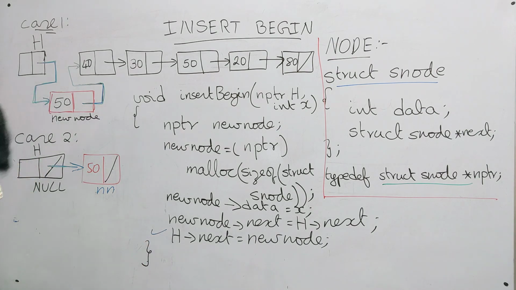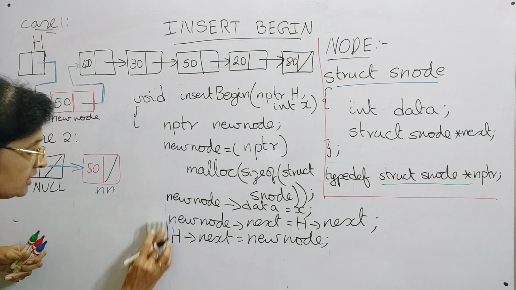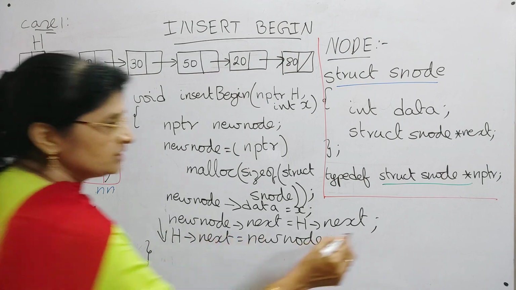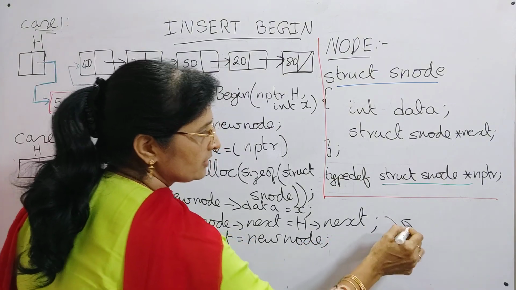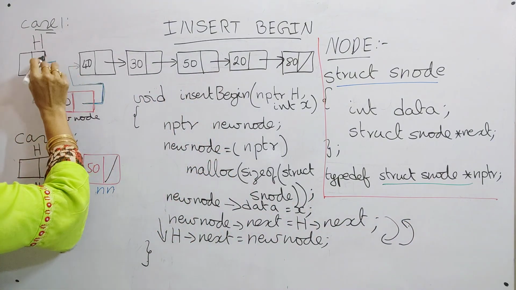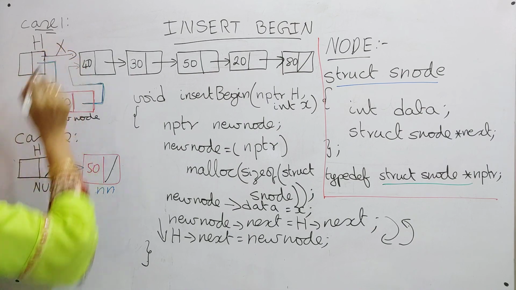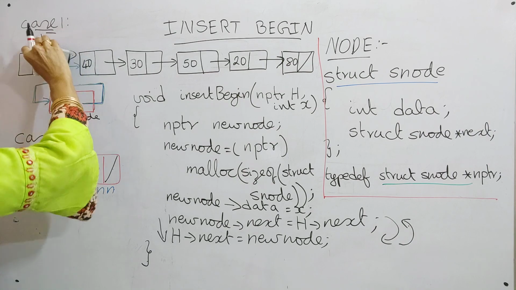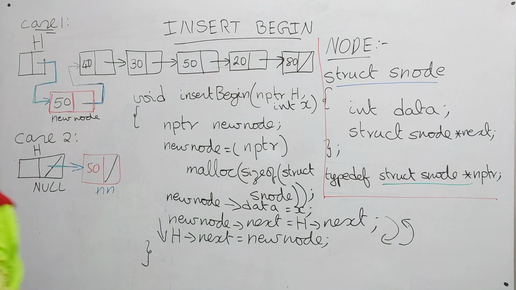Whenever you are assigning the pointers, this order is very important. Suppose you give these two in the reverse order, then first of all you will lose this link. If you lose that link, it indicates that you have lost the total list.